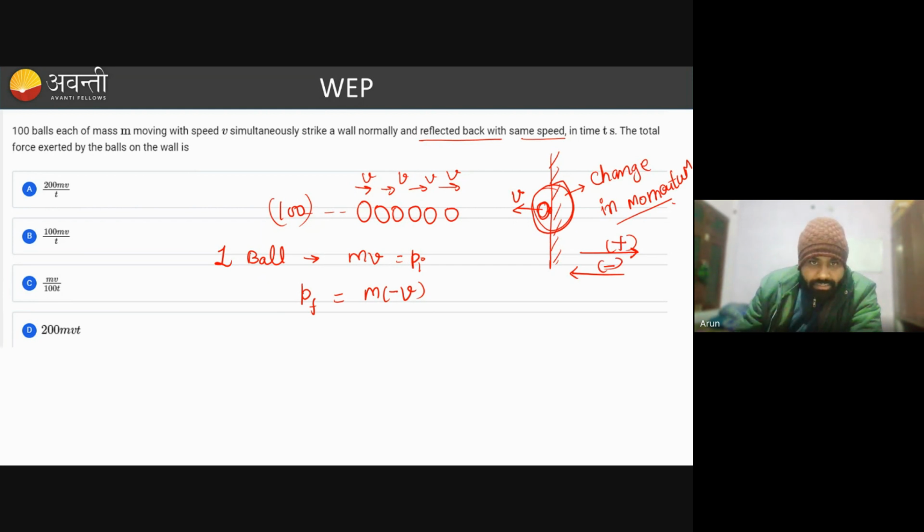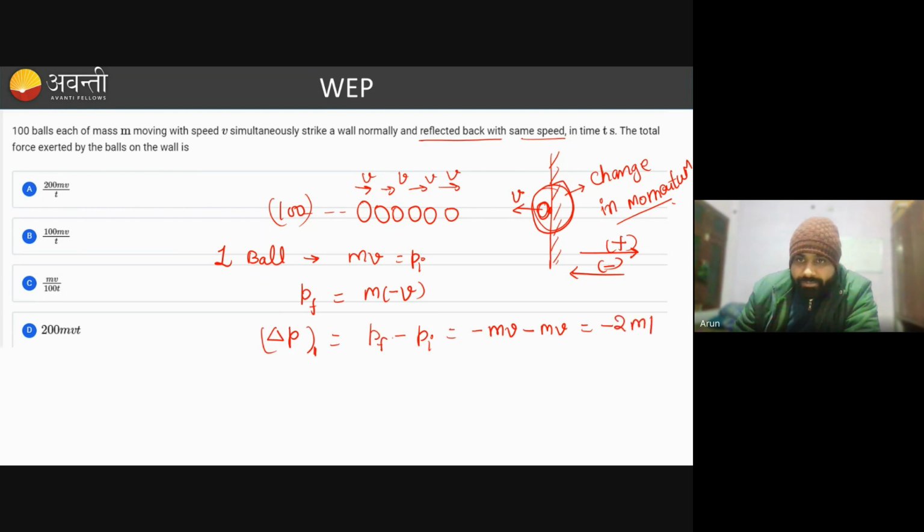Got it? Now change in momentum for one ball is P final minus P initial. P final is minus mv, P initial is mv, so it will become minus 2mv.